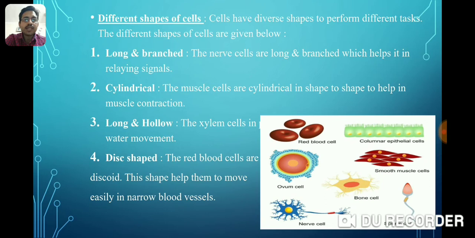The xylem cells in plants are responsible for the movement of water, so they are long and hollow. Disc shaped. The red blood cells, RBCs, are discoid, that is, disc shaped. This shape helps them to move easily in narrow blood vessels. From all these points, it is clear that the shapes of cells are related to the function they perform.